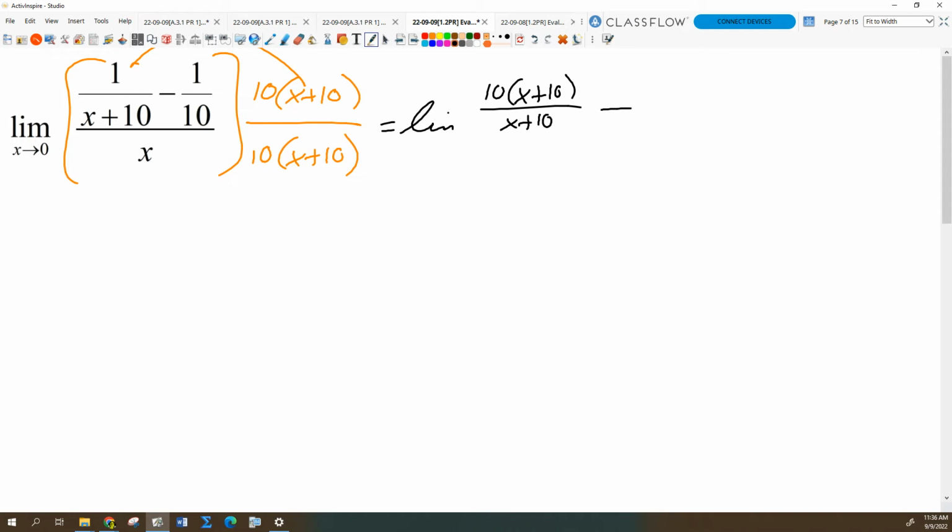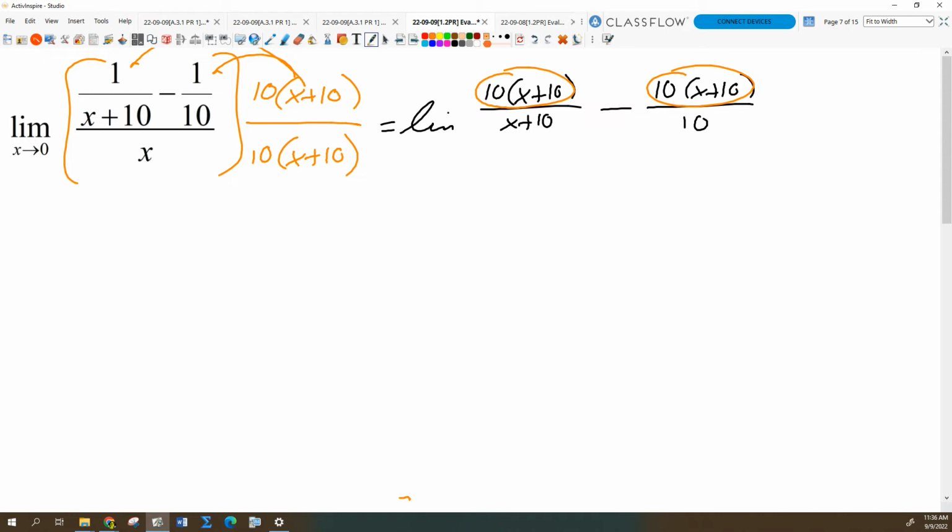Minus the second fraction, I'm going to get 10 times x plus 10 over 10. Everybody agree? Okay. And let me do that to remind us that all I've done is just distribute that to both fractions.